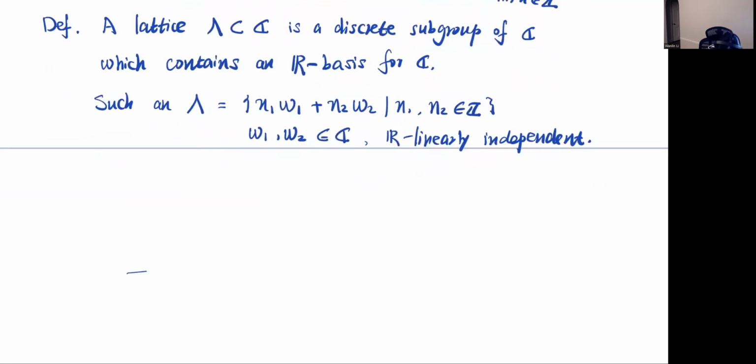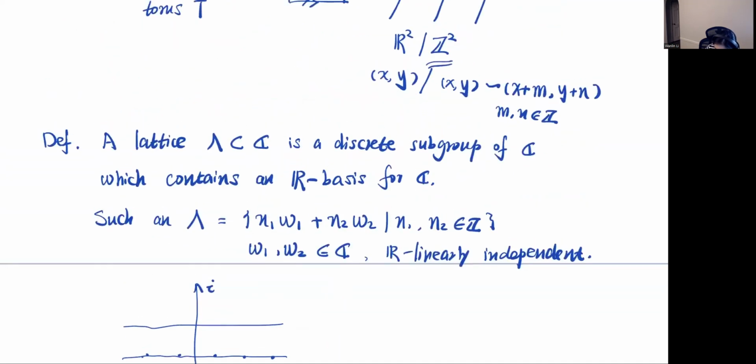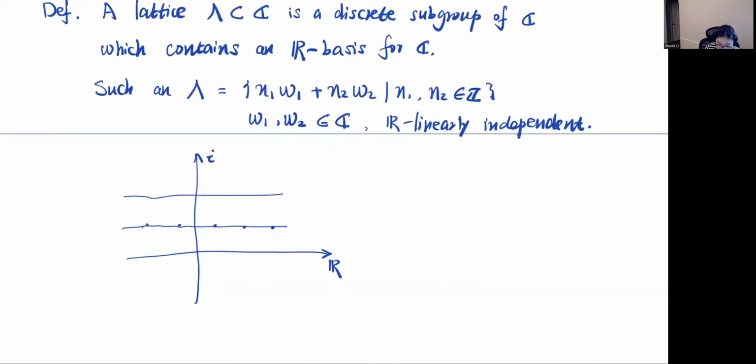And very concretely, if I think about C as my complex plane, this is my real axis, and this is my totally imaginary axis. Then a lattice is exactly, if I draw the set of lattice points and connect them, I will get a discrete subgroup isomorphic to Z2 inside my complex plane.